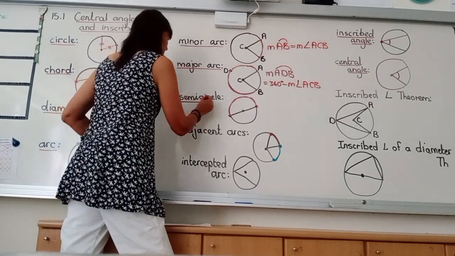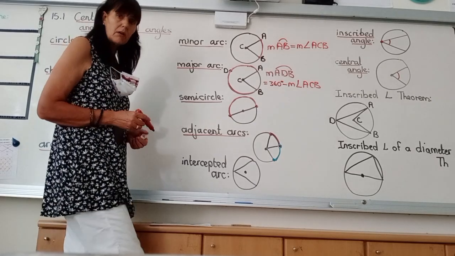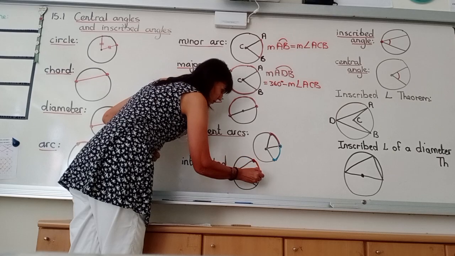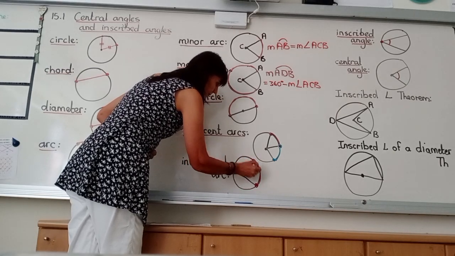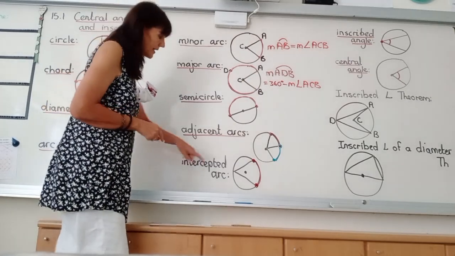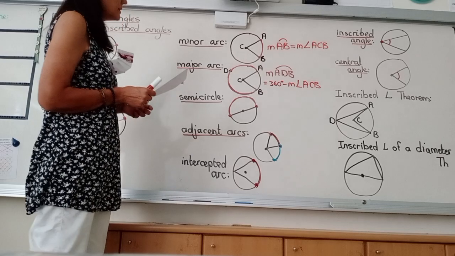Okay, done the semicircle, adjacent arcs. Intercepted arc. What is an intercepted arc? An intercepted arc is lying on an inscribed angle, the one that's on the circle. Okay. Then we've done that.